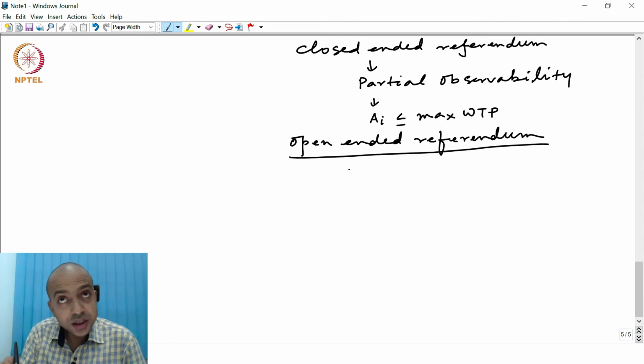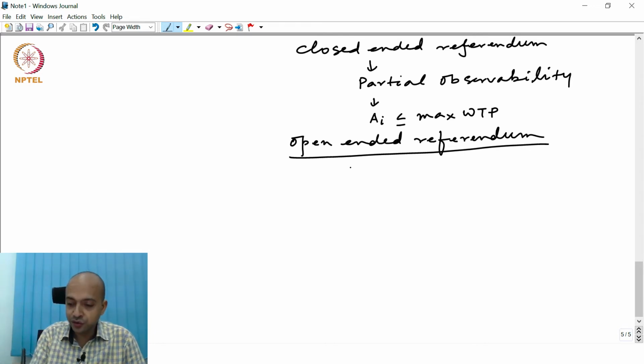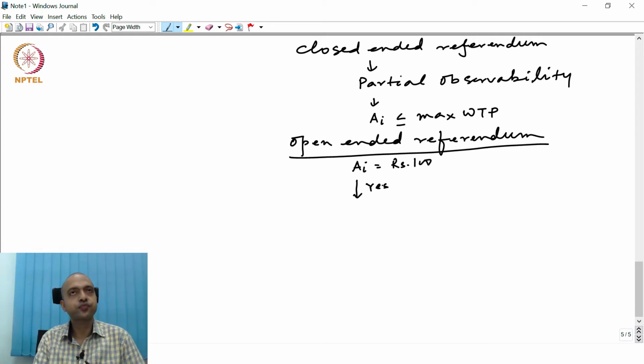Let us say I am asking the ith household or individual about a specific bid amount AI, let's say rupees 100. And let's say the individual says yes. So the next step I will ask, are you ready to pay some AI prime amount equal to, let's say, rupees 150? The individual says yes again.